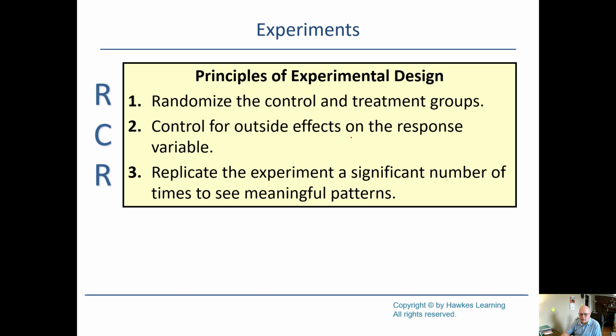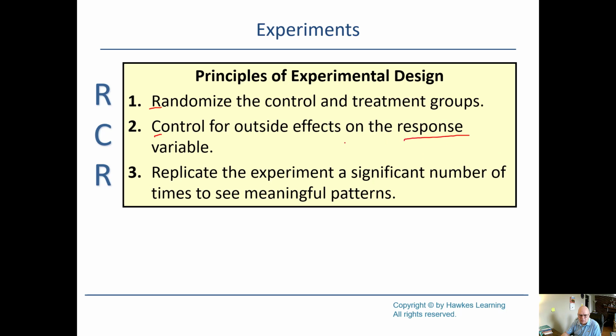Principles of experimental design. Now, on the left here, notice I put the 3 letters. Randomize the control and treatment groups. Control outside effects. In other words, we would like to have just one effect for a response variable.